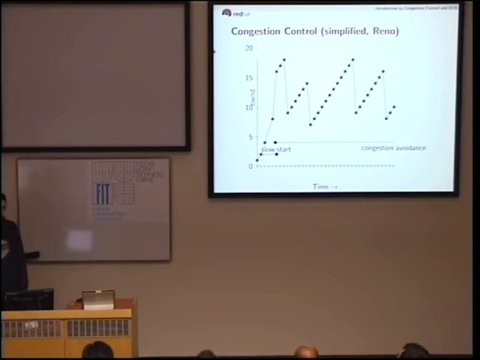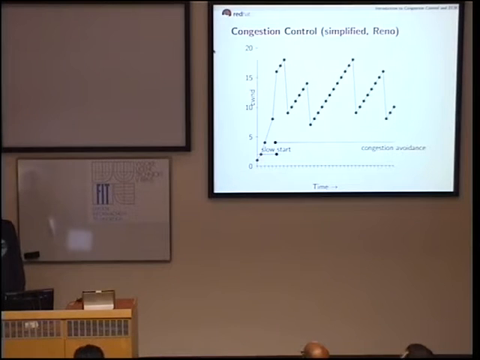So it's 2, 4, 8, 16, and so forth. And that continues until we reach a point that's the so-called slow start threshold. And then we leave this phase and we start a more conservative approach and just increase the congestion window only very slowly, because we think that we are close to essentially maxing out the capacity of the network.